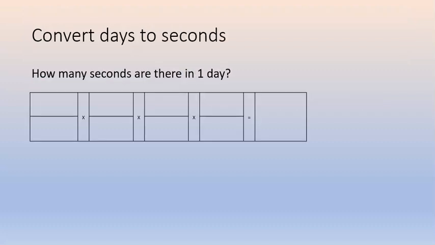So we're going to try one, okay? 1 day equals how many seconds. So it says how many seconds are there in 1 day? First thing I want you to notice is there is 1 day. So we're going to put 1 day here. And I always like to put the seconds down here so I know where I'm going, because I know I'm going to put seconds here, okay?